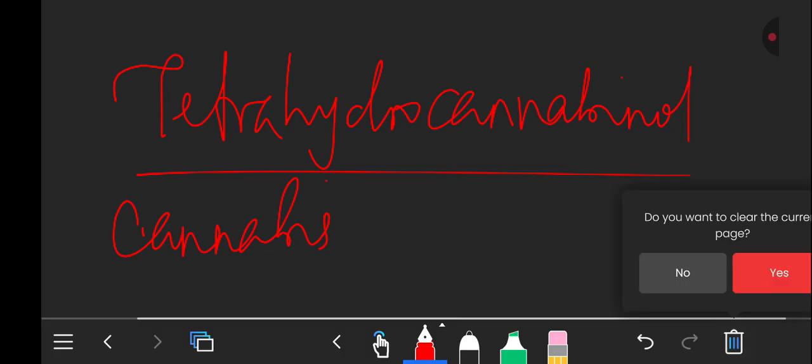So let's look at the structure of this tetrahydrocannabinol. So we can have a structure which looks like this.